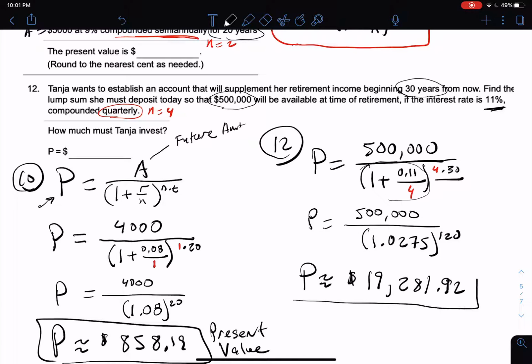If you start with that amount of money, in 30 years you'll have $500,000. Yay! And you can retire in luxury, kicking back, allowing that $500,000 to continue to generate money, so you probably just live off that interest. That's the dream, right? Let that money work for you.